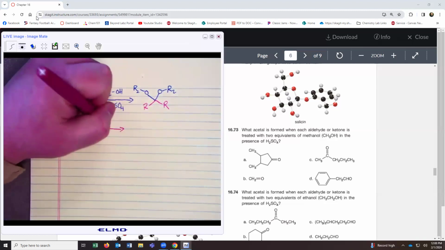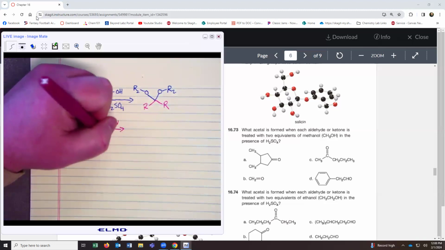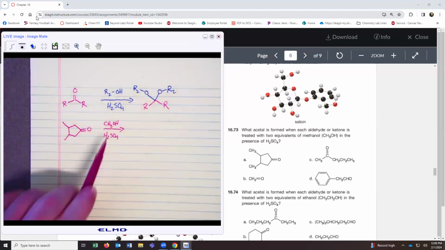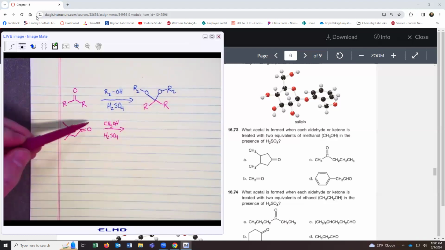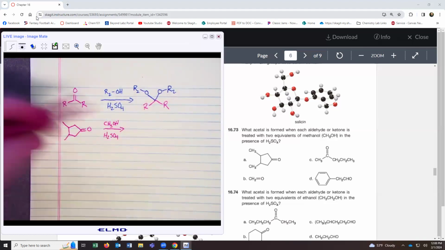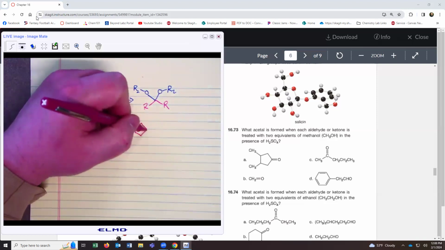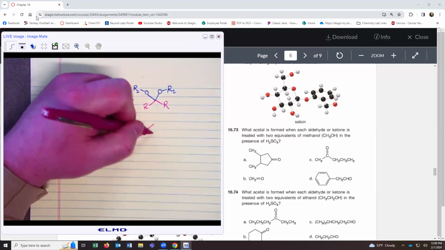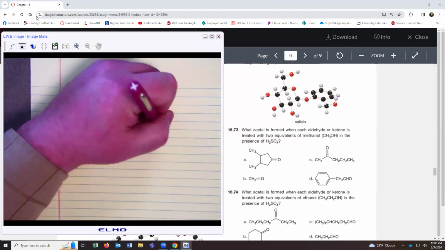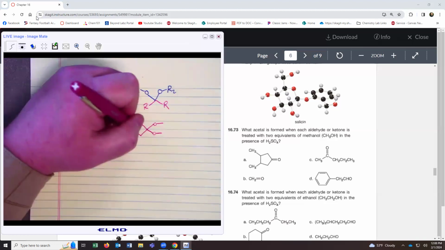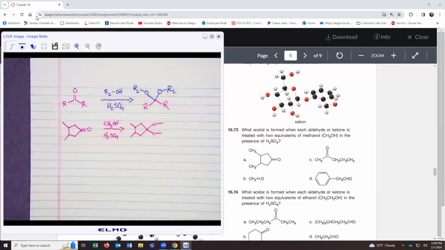Treating with methanol and an acid catalyst, we would expect two of these methanols to take the place of the two bonds to that oxygen. All right, and let's try and be grown-ups and not use color coding this time. That's a CH3 right there. I'm just drawing it as a bond line drawing.